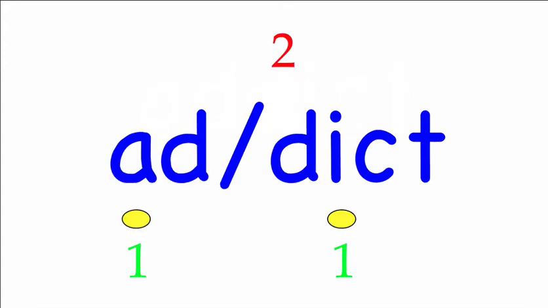Winnow. We will winnow out those who don't deserve to be here. Winnow. Two syllables. First syllable win, three sounds: w, i, n. No, two sounds: n, o.